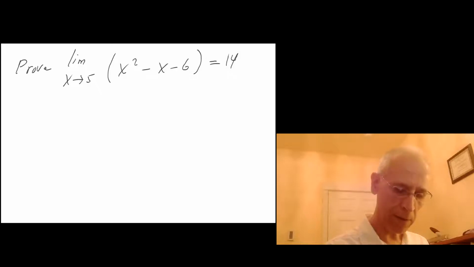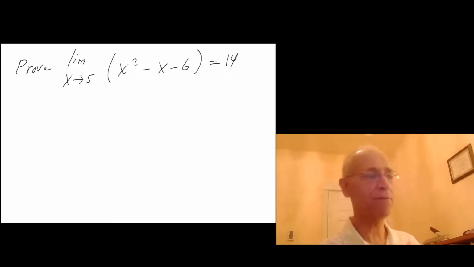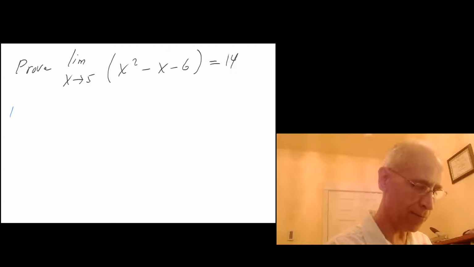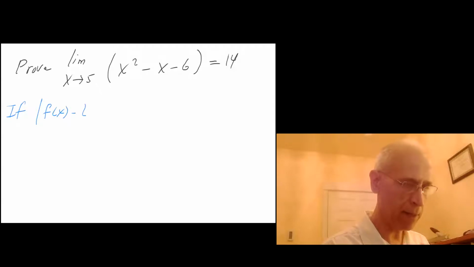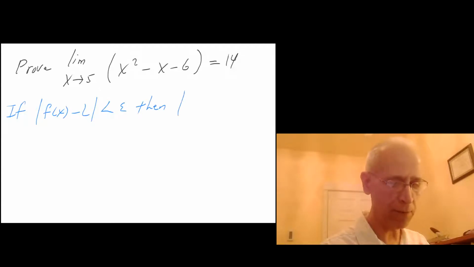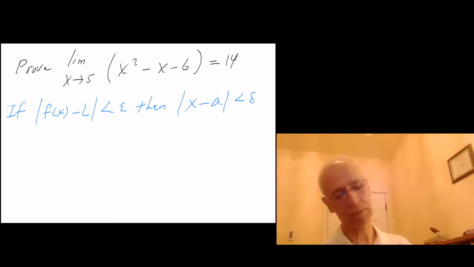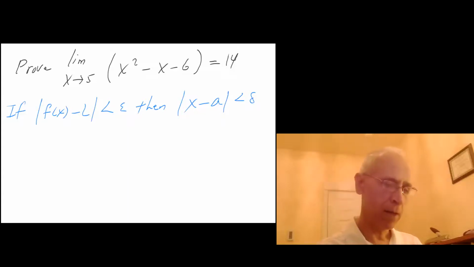So first I'm going to write the definition. By definition, if the absolute value of f of x minus L is smaller than some epsilon, then the absolute value of x minus some a is smaller than delta. Okay.